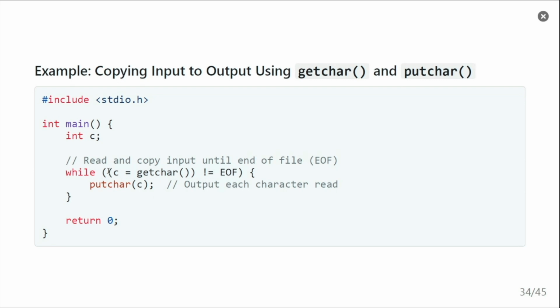And the other thing is we should have a bracket around this function call. Basically, we're getting a character and we're assigning it to the variable c, right?